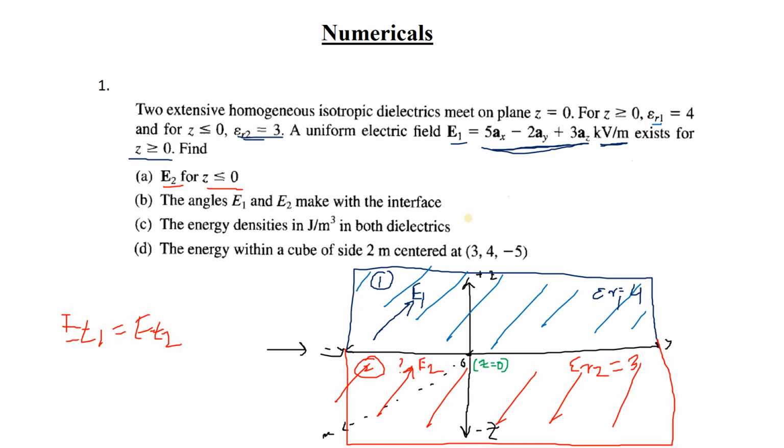First we have to find the tangential component, because we have only been given the electric field intensity E1. So there is one tangential component E1t and one normal component E1n.